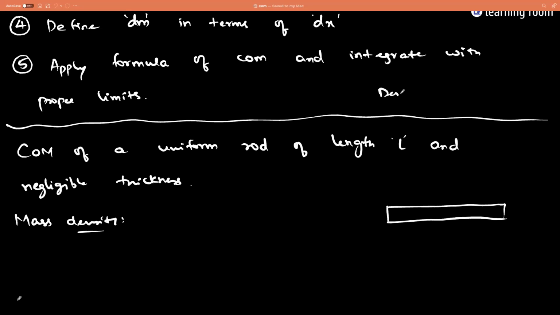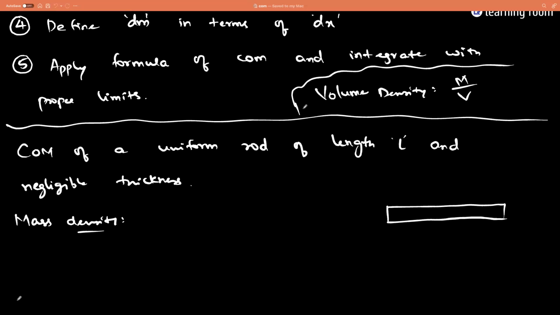You know density is mass per unit volume, which you would have learned in lower grades. But this mass per unit volume is actually called volume density. If you define the mass per unit length, you call it linear mass density.